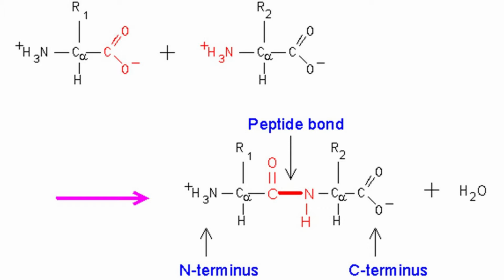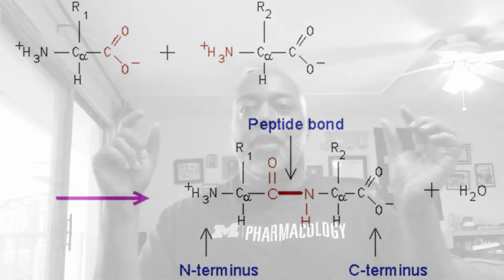On the back of the chain, you're going to have another amino acid whose carboxyl group is unbonded to anything, and that is called the C-terminus. And that's how amino acids bond together to form peptide and polypeptide chains and eventually proteins.